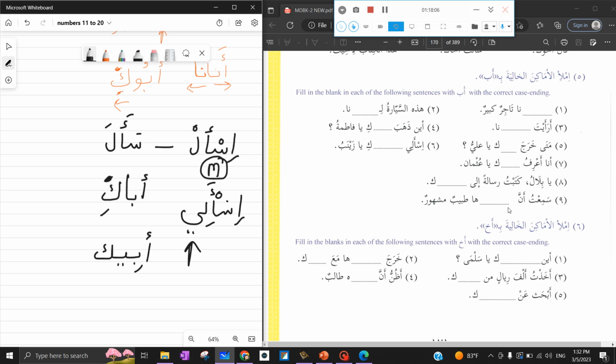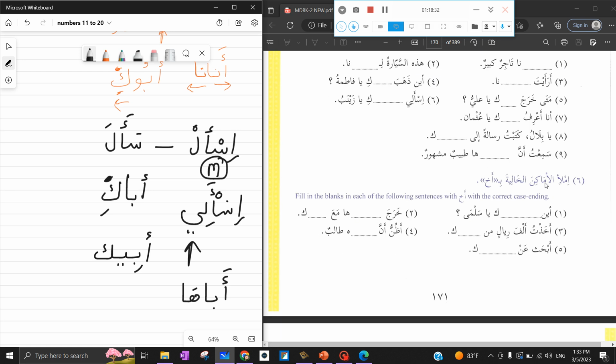If anna is there, we will make ab into mansoob. Anna abaha. Now how will you join abaha? If it is coming with aba, alif cannot be joined, so ha will be written separately, isolated. Abaha tabibun mashhurun.